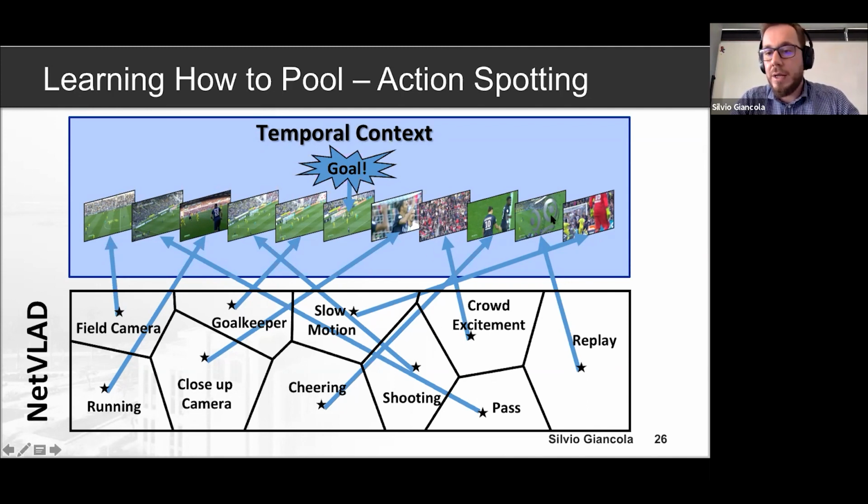So here you have a close-up camera. This frame will project here, and it will give you some residual with respect to all the close-up cameras. Or here, in the concept of running, you might have different types of running that will be learned somehow, or for shooting, etc.